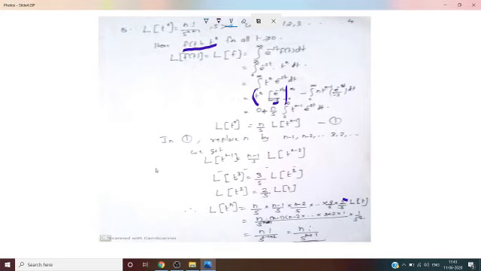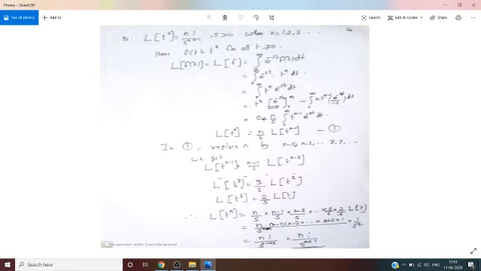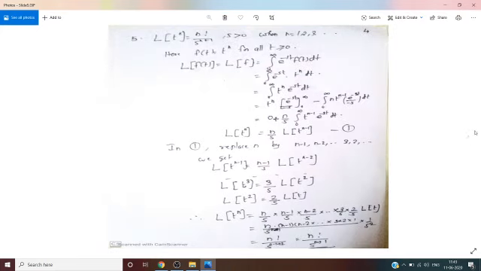Therefore, L of t raised to n is n factorial by s raised to n plus 1.